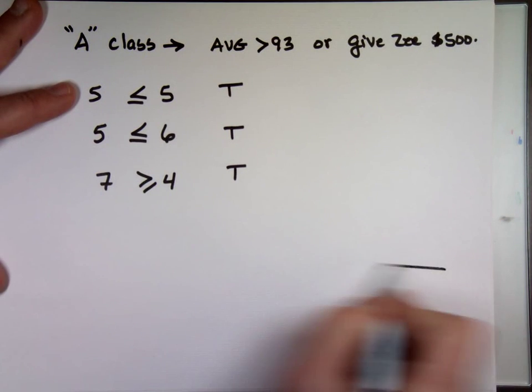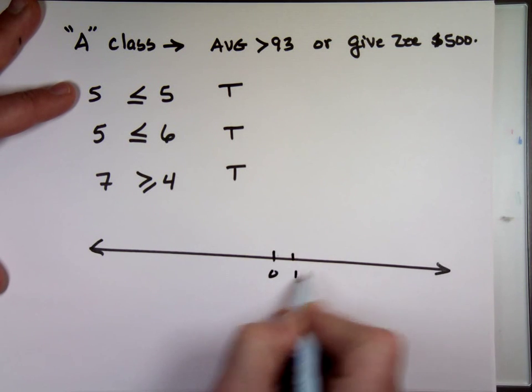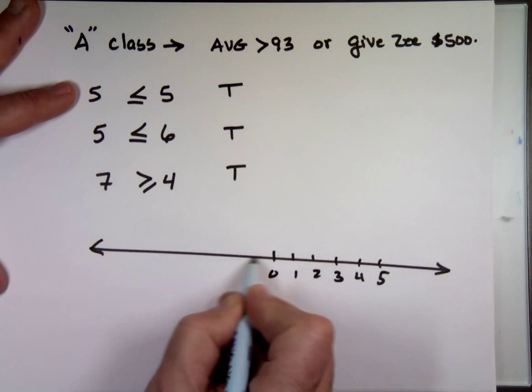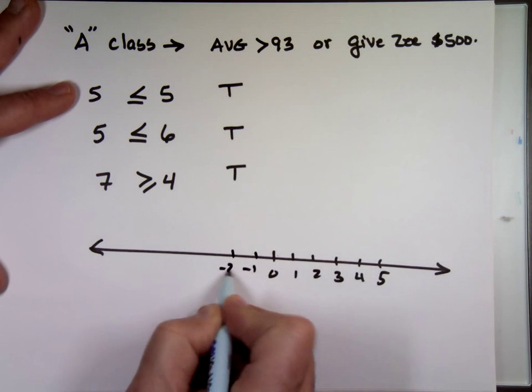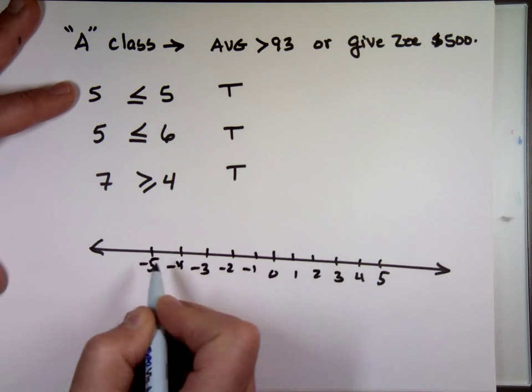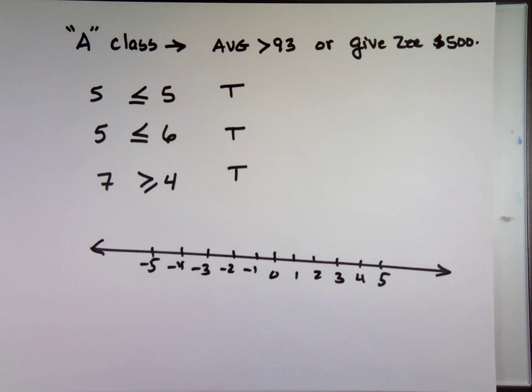Again, let's put the number line here: 0, 1, 2, 3, 4, 5, and -1, -2, -3, -4, -5. The number on the right is always bigger than the number on the left. The number on the left is always smaller than the number on the right.